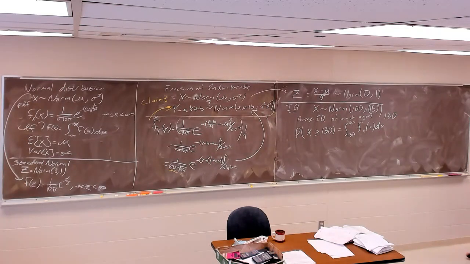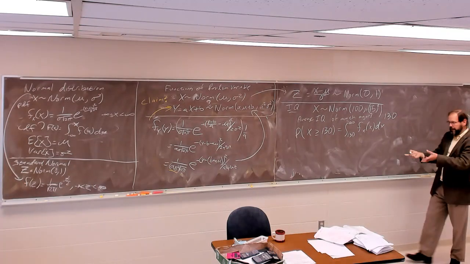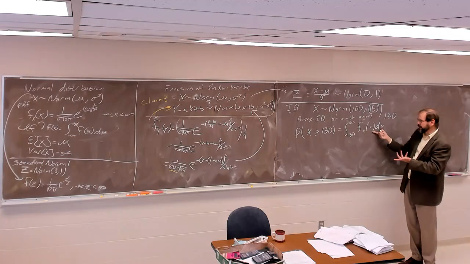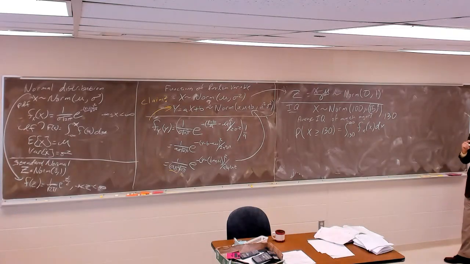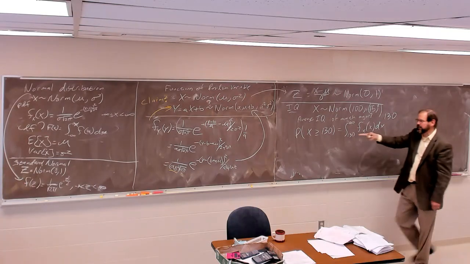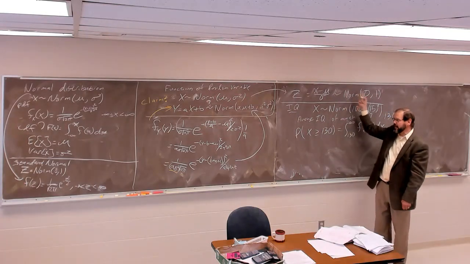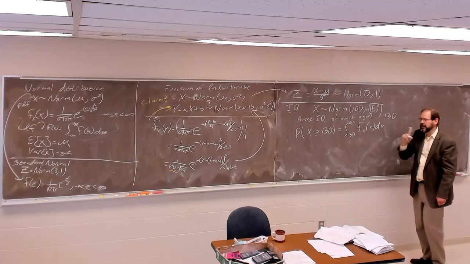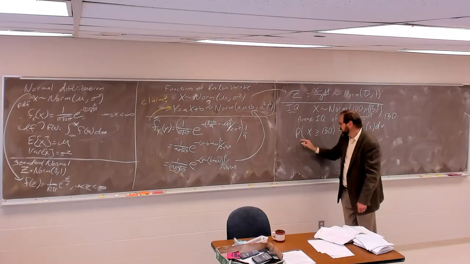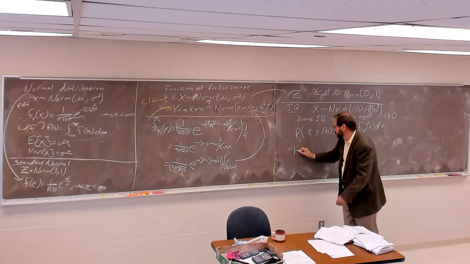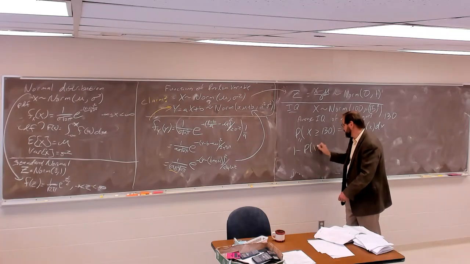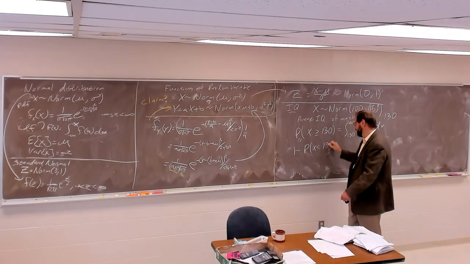But I don't have a nice antiderivative for my probability density function. So what we can do is transform this back to a standard normal random variable. I could write it as 1 minus the probability x is less than 130.